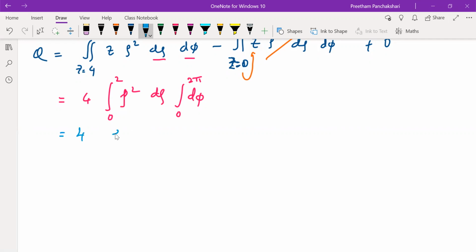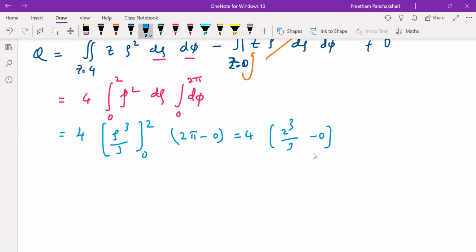For integration of rho square is rho cube by 3, 0 to 2, and this is directly 2 pi minus 0. For rho value 2, cube by 3 minus 0 into 2 pi.